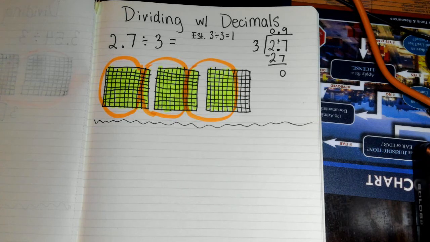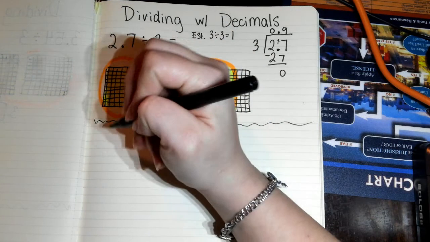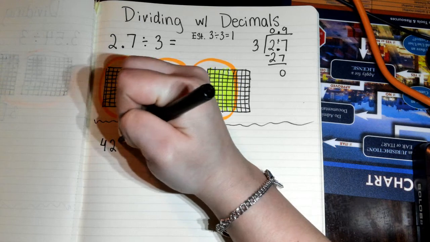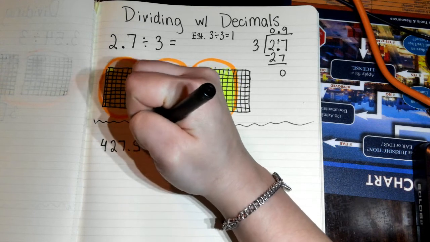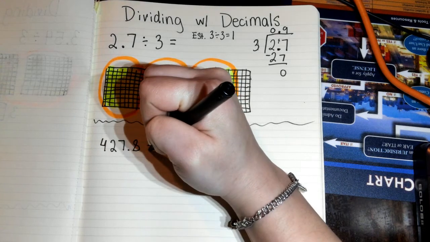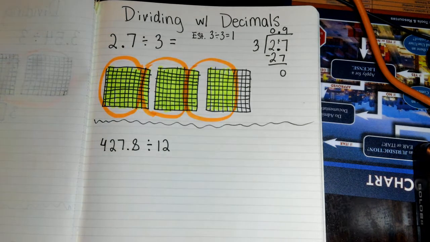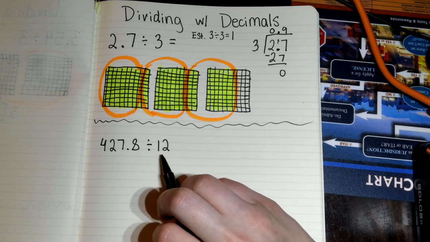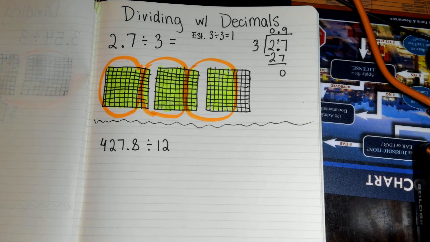It would be pointless. We're going to do 427.8 divided by 12. So yeah, pretty substantial, pretty big division problem. But don't worry, because your divisor doesn't have a decimal in it, it's as easy as just regular division.